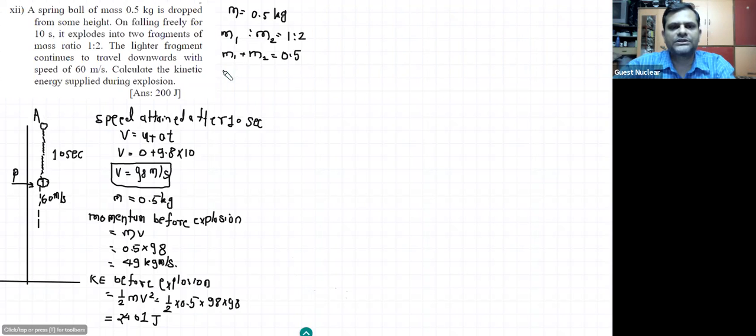So if you put this value here, we get m1 plus 2 times of m1 is equal to 0.5, or 0.5 can be expressed as small m only. So it means that 3 times of m1 is going to be small m. Remember that this small m is nothing but 0.5. We'll write it in terms of small m only, and m2 as well.